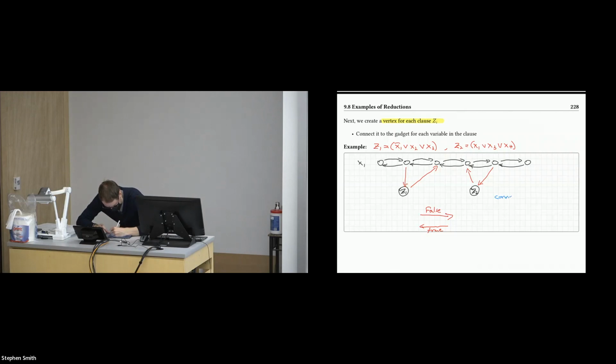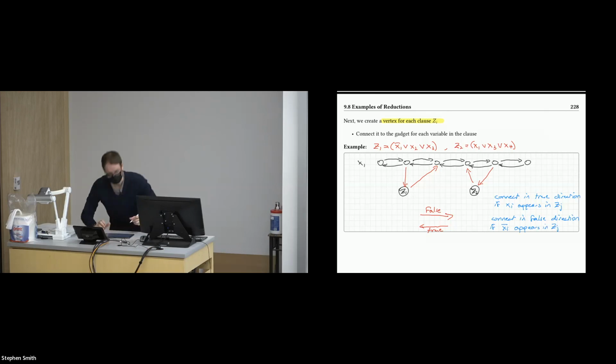So connect in the true direction if xi appears in zj, and connect in the false direction if not xi appears in zj.